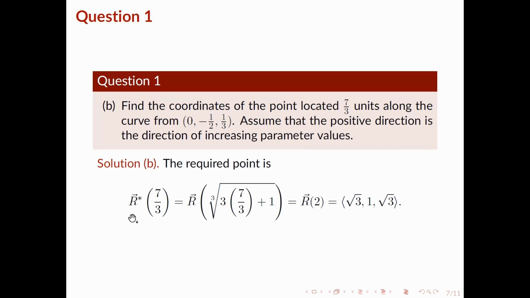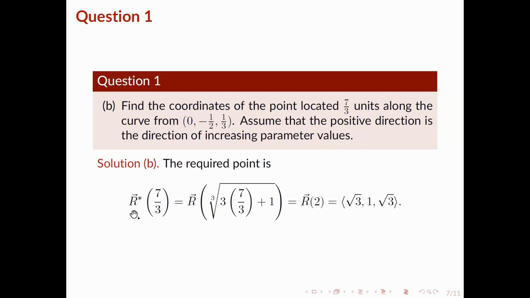By definition, r star of 7/3 is the point located 7/3 units along the curve from the initial point. And the initial point given in the previous problem was (0, -1/2, 1/3). So all in all, this is the point that we're looking for.